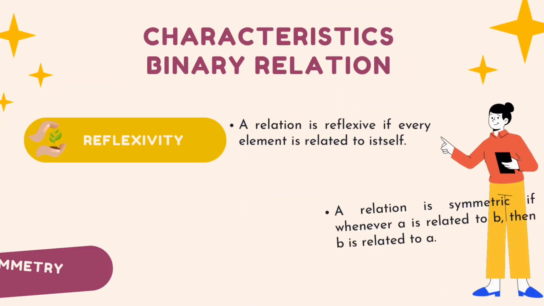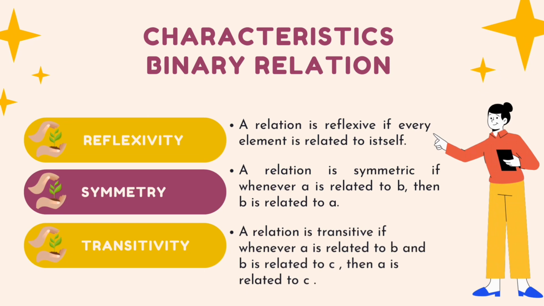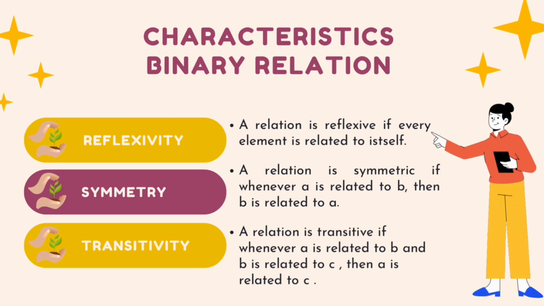There are 8 characteristics in binary relation. The first one is reflexivity. A relation is reflexive if every element is related to itself. Next is symmetry. A relation is symmetric if whenever A is related to B, then B is related to A. Next is transitivity.